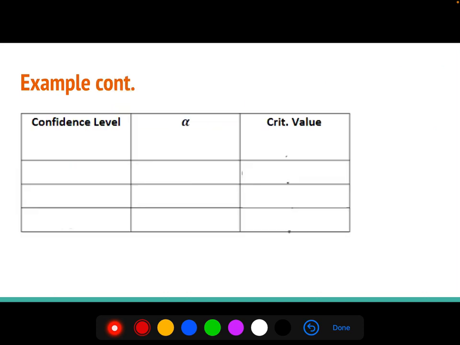Now, the next part here is just filling in a table because these are things that you need to memorize. The most common confidence levels are 90%, 95%, and 99%, which correspond with an alpha of 0.10, 0.05, and 0.01.